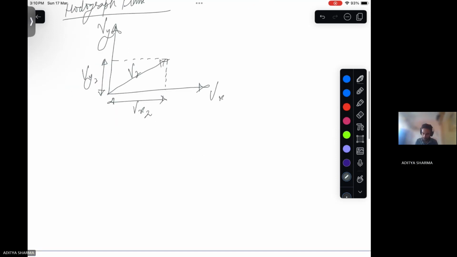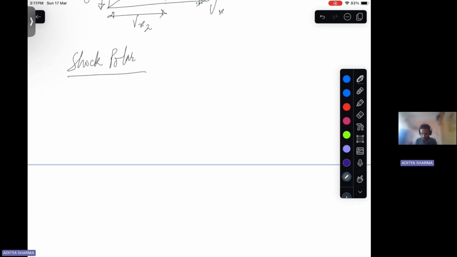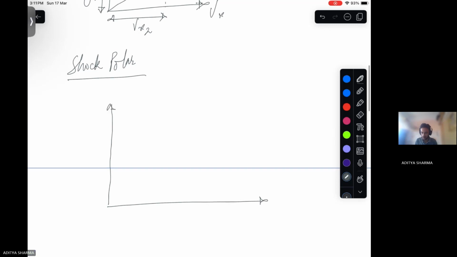Now, if you see, this is the shock polar. The shock polar is one of the things we obtain for different theta values, deflection values.